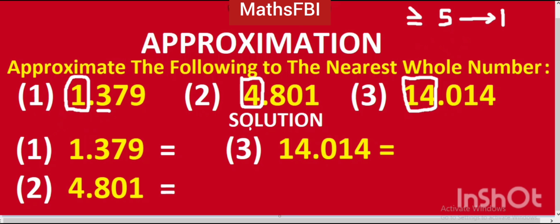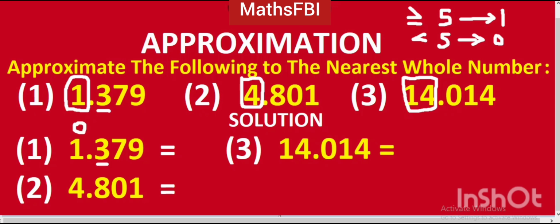So now let's go to question number 1. The next number to the whole number is less than 5. So what do we do? We approximate it to 0. We round it down to 0, and so we add the 0 to the whole number.